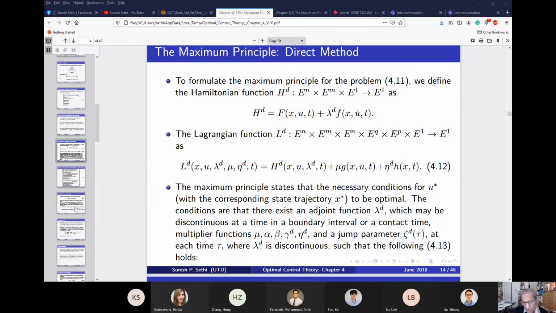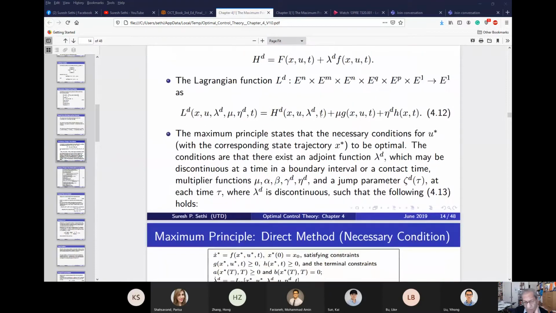So this is the Hamiltonian. Notice that I'm now going to apply, like in the previous chapter, I did this. Previous chapter, I put a multiplier with the constraint, which is a mixed kind of constraint. But now I have a pure constraint, which was not there in chapter 3. I'm going to put another multiplier to this one directly.